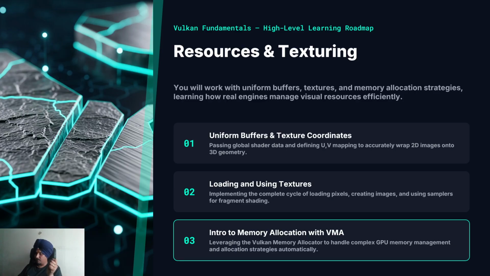Since Vulkan is verbose, you don't want to do a lot of memory management yourself, so you can use the Vulkan Memory Allocator to manage that memory. It simplifies how you provide structured GPU memory and use it for allocation and resource management, instead of doing low level allocation yourself, where you need to deal with a lot of things.